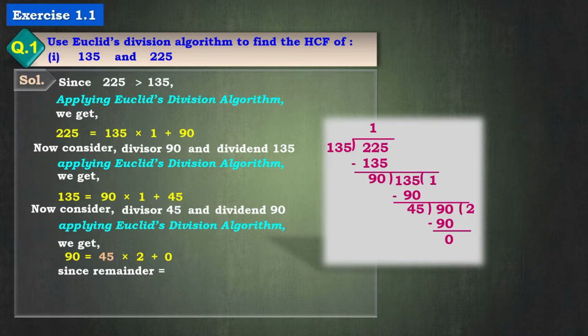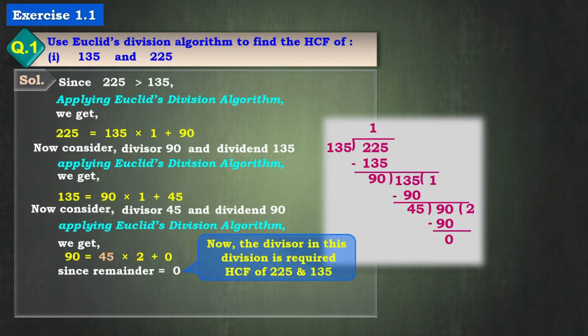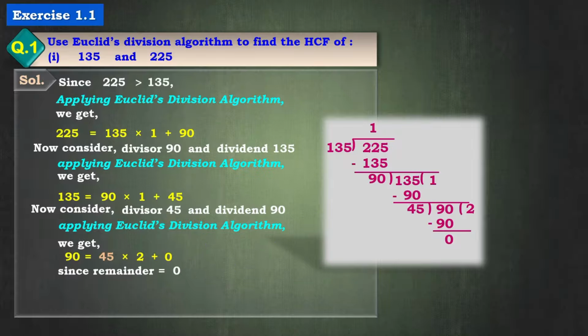Since the remainder here is 0, the divisor in this division is the required HCF of 225 and 135. Whenever we get the remainder as 0, whatever is the divisor will be considered the HCF of the given numbers. So the HCF of 135 and 225 is equal to 45.